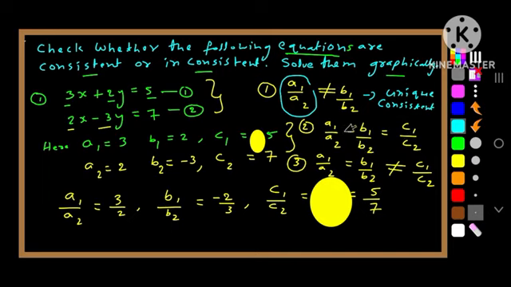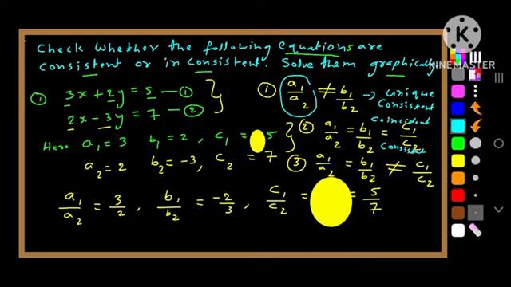Similarly, for a1 by a2 is equal to b1 by b2 is equal to c1 by c2, there also you'll have a solution and these lines will be coincident. The lines will be coincident and you will have many solutions. So that means here also it will be consistent.